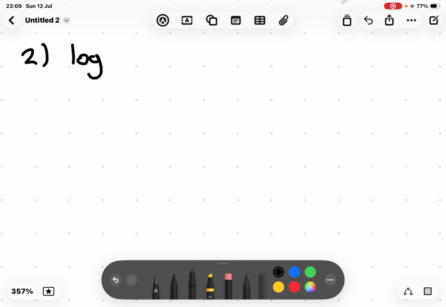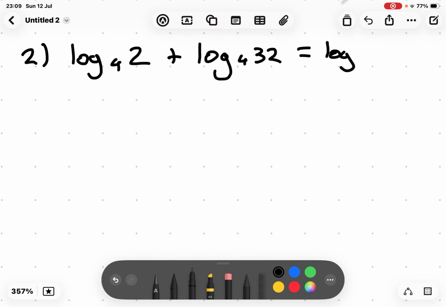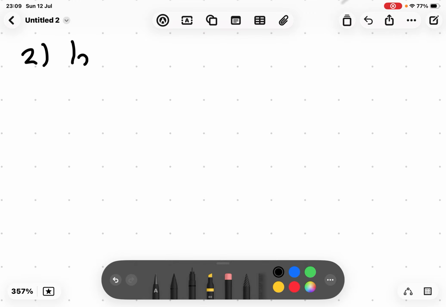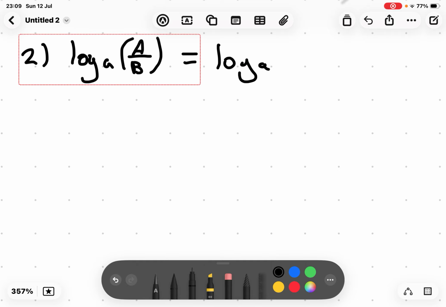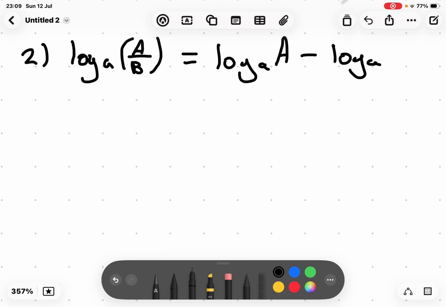So yeah. Now the second rule is log A minus log B equals log A over B. That equals log A take away log B. So let's say we have something like this.